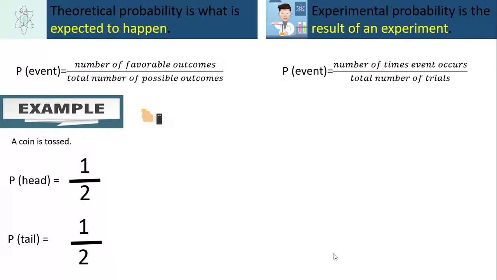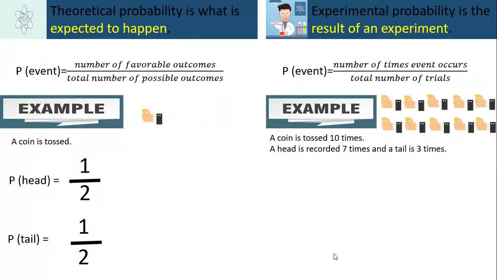However, if we will get the probability using an experiment, the formula is number of times event occurs divided by the total number of trials. The given example here states that a coin is tossed 10 times, a head is recorded 7 times, and a tail is 3 times.